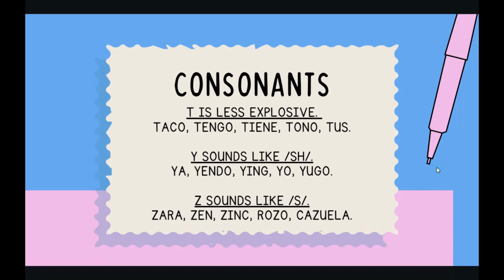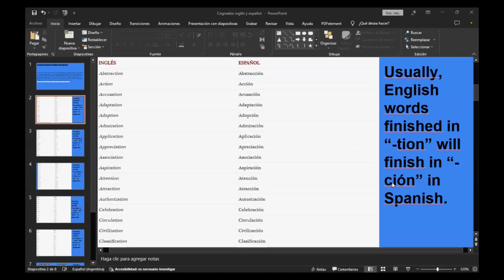Let's check out the cognates. Okay. Now, guys, you may also remember that during our second lesson we studied the cognates in between Spanish and English. If you don't remember what a cognate is, it's actually quite a simple concept. Cognates are words which are found in both languages, or in two languages at least, which are written or pronounced in a similar way.